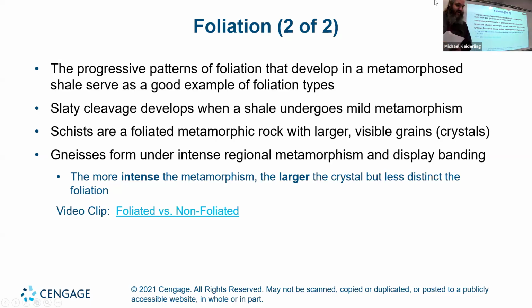And then lastly, you can get gneiss. This forms all the layers. The various minerals separate out. So gneisses form under intense regional metamorphism and display banding. The more intense the metamorphism, the larger the crystals, but the less distinct the foliation.